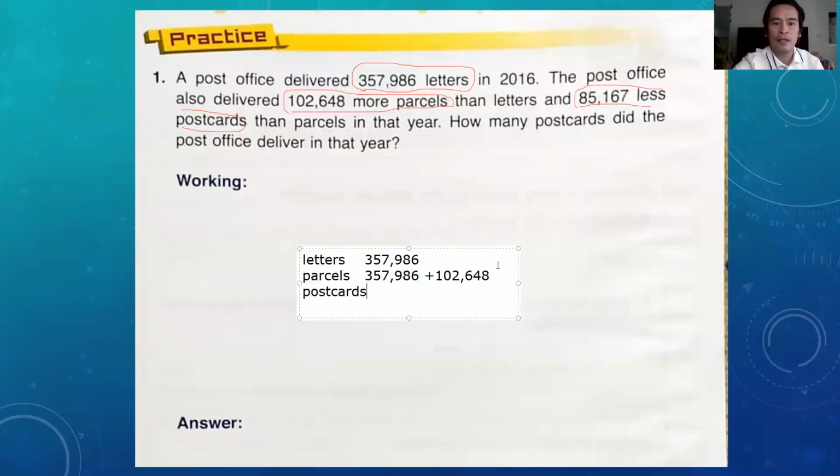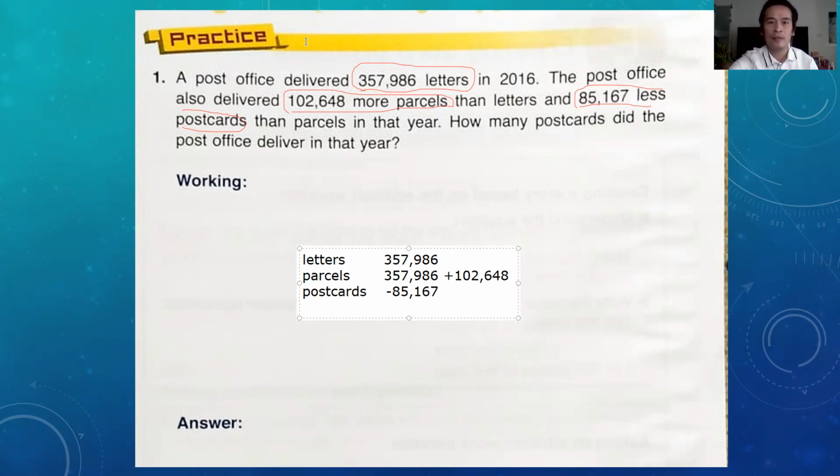So this is the postcard. The problem says fewer postcards than parcels. So you have to write here minus because of the keyword less. So it's minus 85,167. But because it's less than parcels, you can use the parcels.